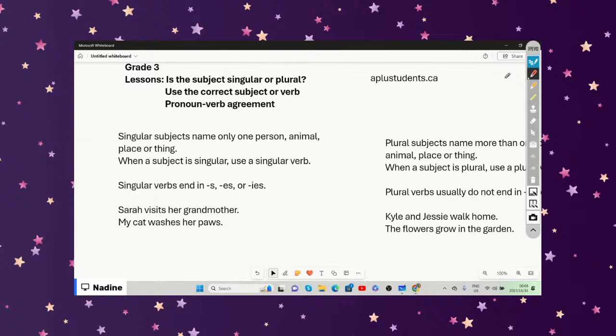All right, so a singular subject names only one person, or one animal, or one place, or one thing.